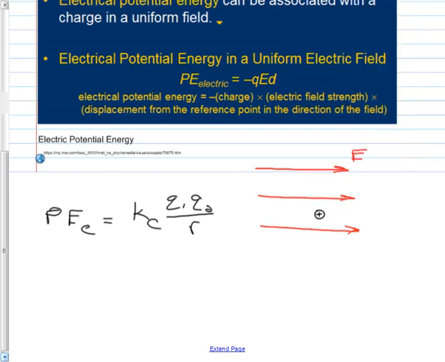If I am in this position, I have a certain electric potential. If I am in this position, I have a different electric potential. And the difference between those two positions is my electric potential difference, delta V, which is measured in volts. It's just the difference in voltage between two positions.